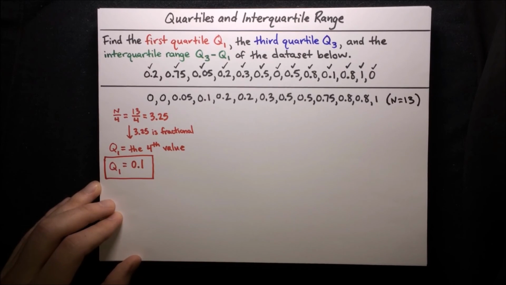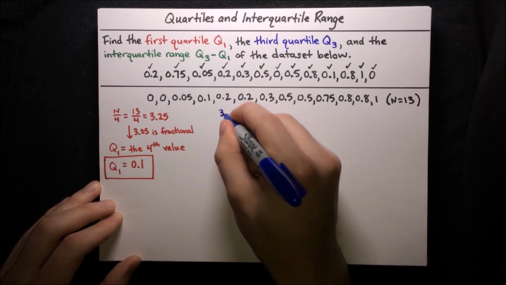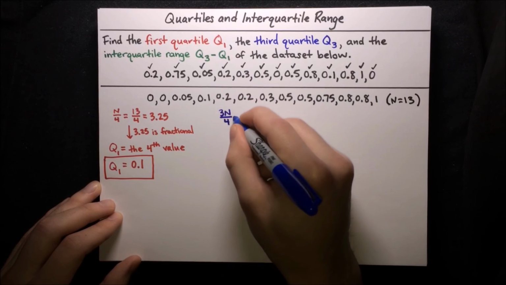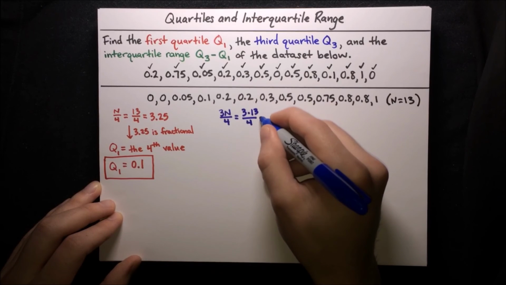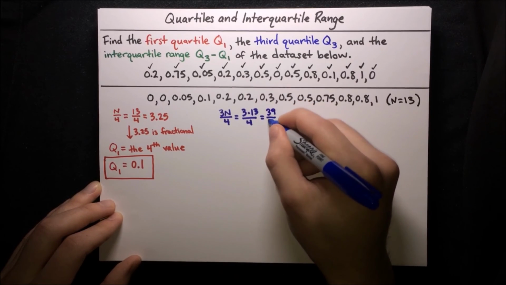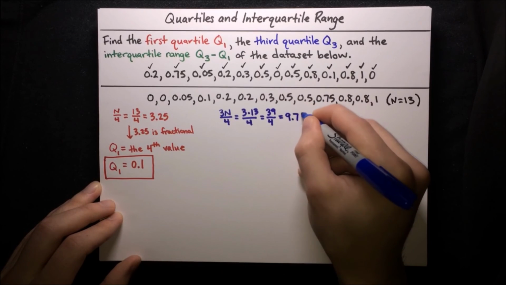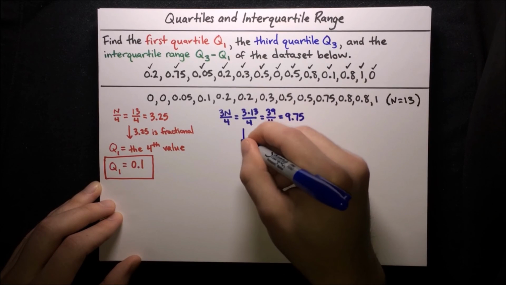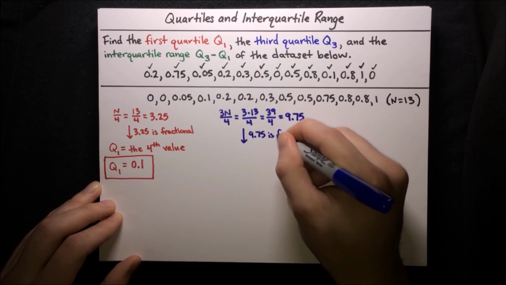All right, next up, the third quartile. It's the same kind of reasoning, but now we have 3n over 4. And 3n over 4 is equal to 3 times 13 over 4. 3 times 13 is 39, so we've got 39 over 4, which is equal to 9.75. And again, 9.75 is fractional.